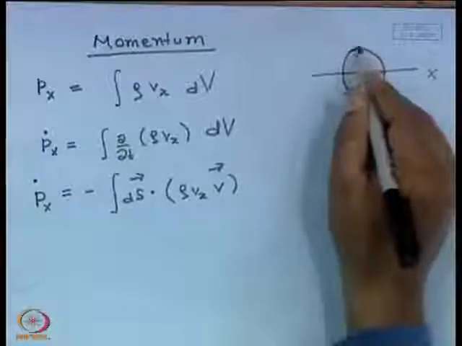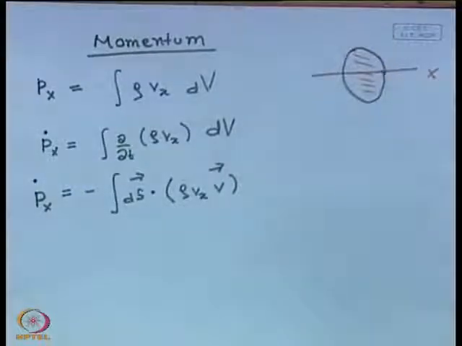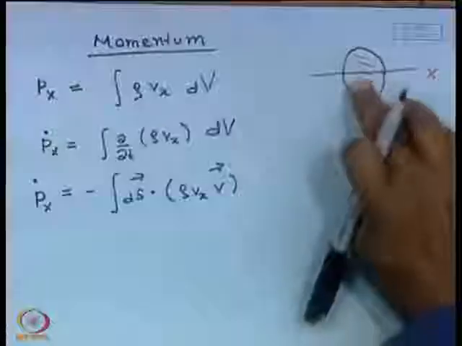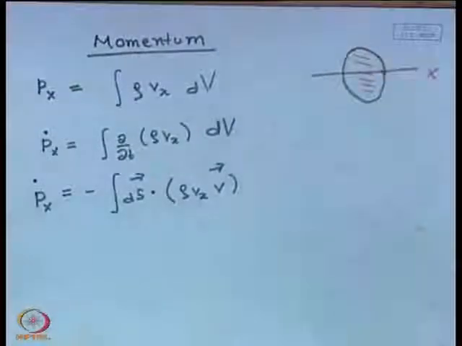Now, there is another possibility. We know that is Newton's second law of motion, that the rate of change of momentum is equal to force. So, we have to calculate the total force acting on this fluid. Now, there can be two kinds of forces. One is called a body force. A body force acts all through the fluid. Okay.